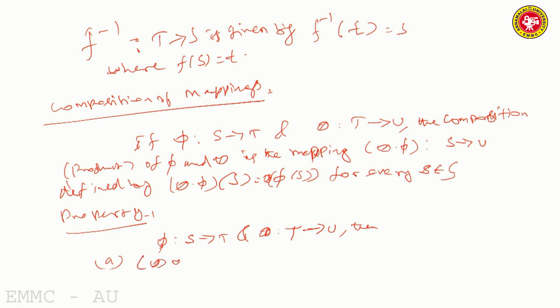Theta dot phi is onto if both theta and phi are onto.